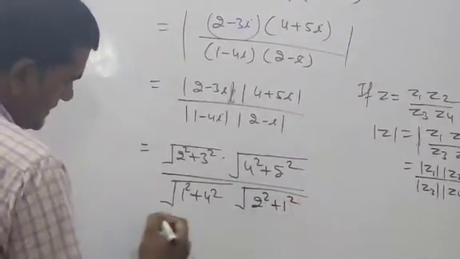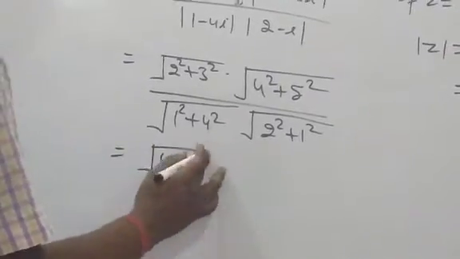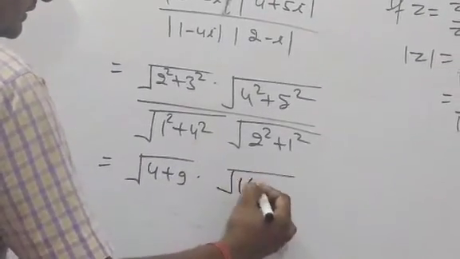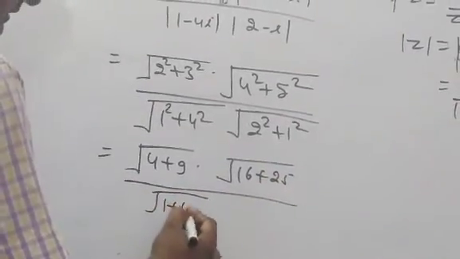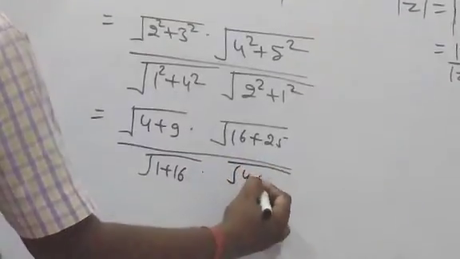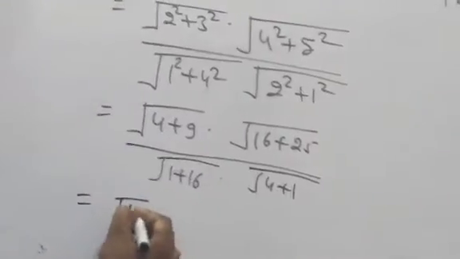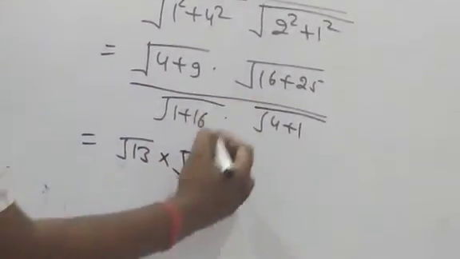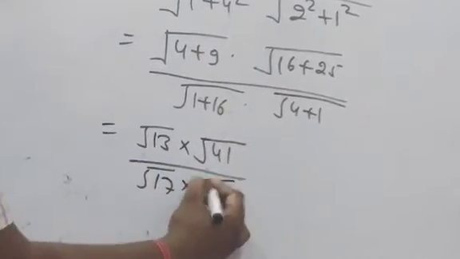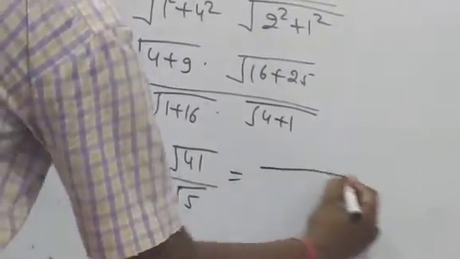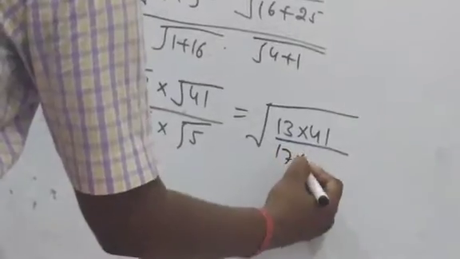square plus 1 square, is equal to 2 square 4 plus 9 into 16 plus 25, whole upon what? 1 plus 16 into 4 plus 1. Now under root 13 into under root 41, whole upon under root 17 into under root 5, is equal to under root 13 into 41, whole upon what? 17 into 5.